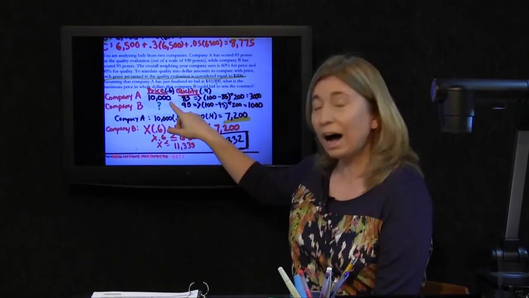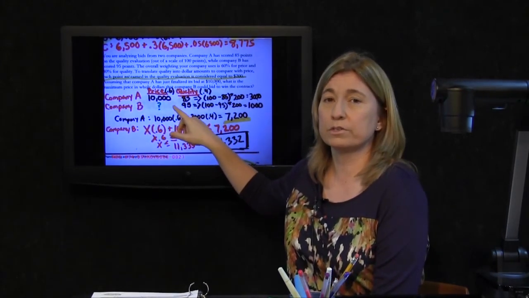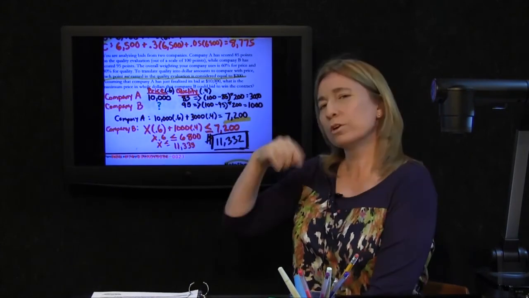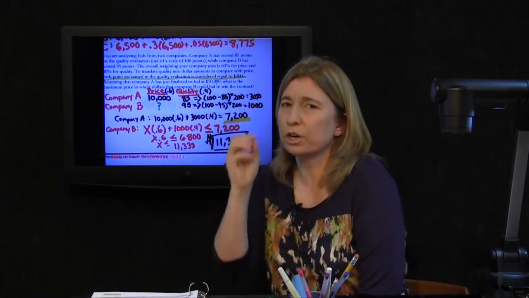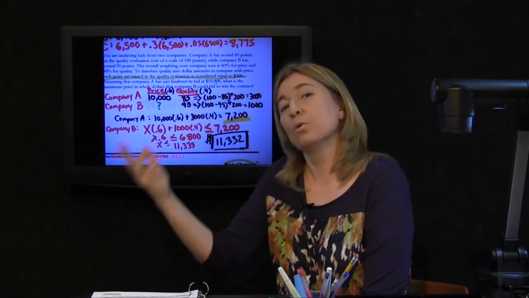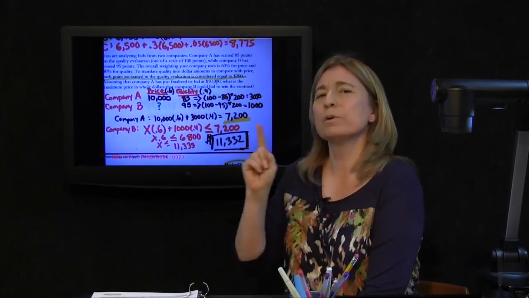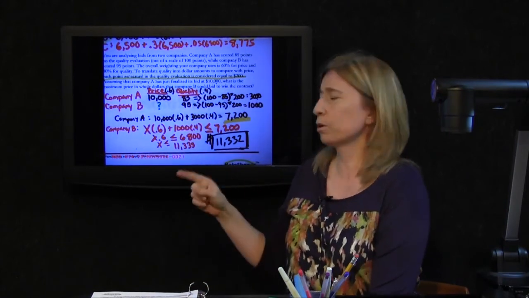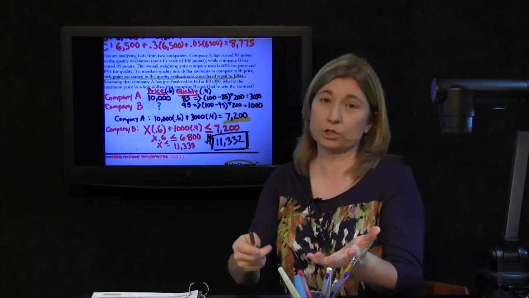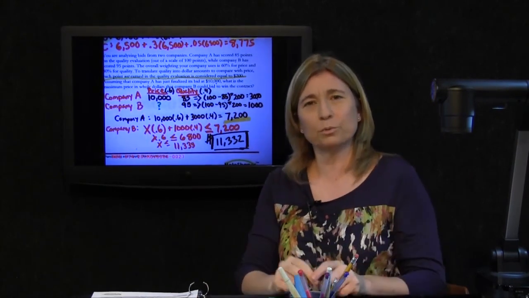Notice that that is higher than Company B's current bid. Why? Because we're not deciding solely on the bid, the price. We're deciding on the price mixed with the quality. Right, and Company B was the company that had better quality, and that's where you can see that they could bid a little bit more, their asking price, and still win this contract.